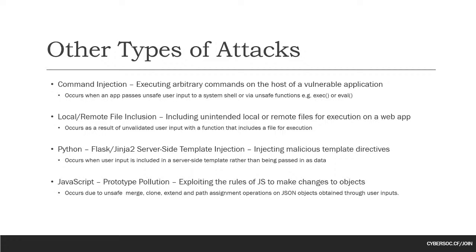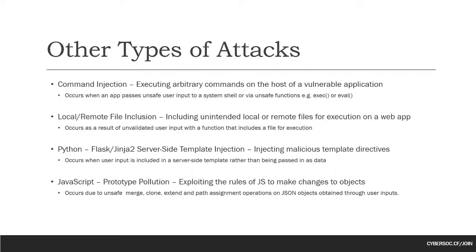Other types of attacks, which we haven't covered today, include command injection. We mentioned earlier that SQL injection was an example of code injection. Command injection is a similar principle where we want to execute arbitrary commands on the host of a vulnerable application, which is normally the operating system. Say you have a website which allows you to ping people.